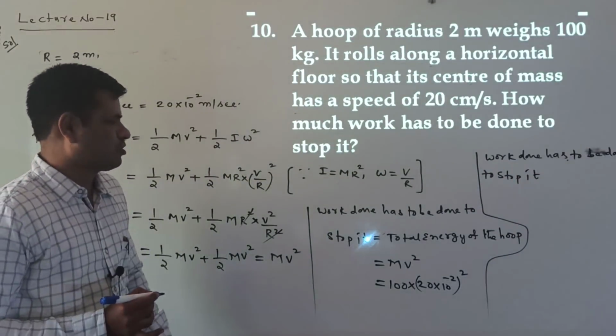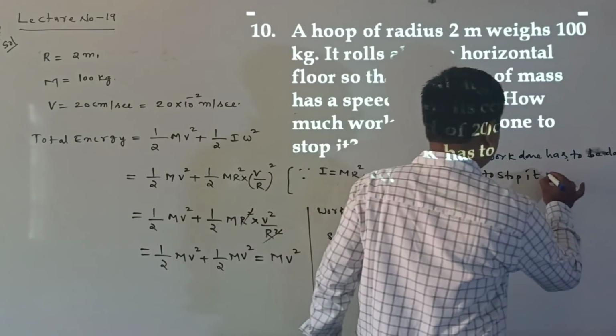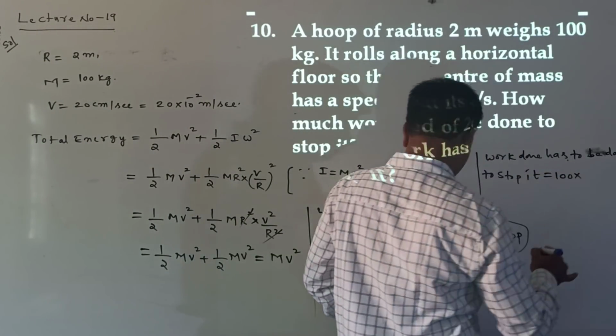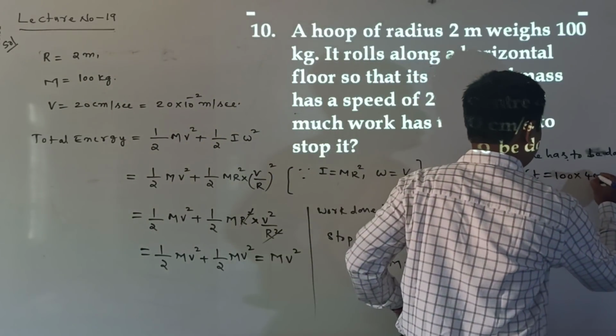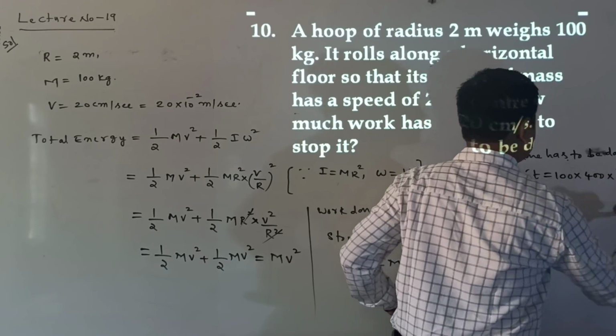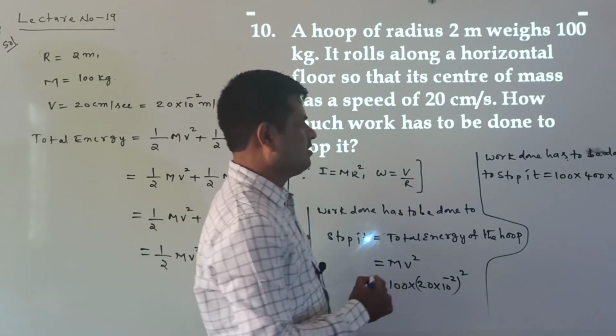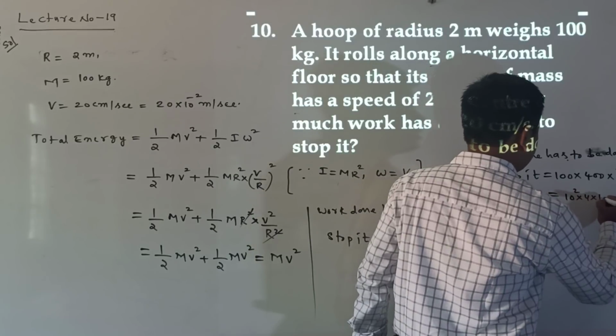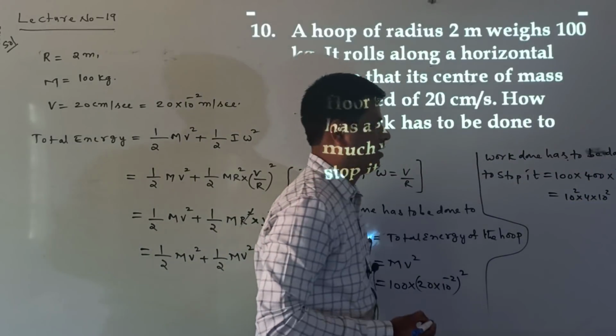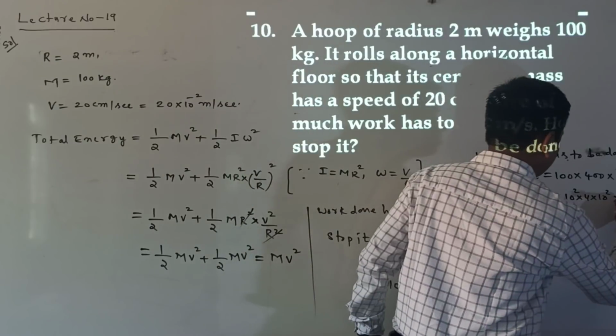I am writing 100 into 20 square. 20 square is equal to 400 into 10 power of minus 4. This can be written as 10 square into 4 into 10 square, which is 400 into 10 power of minus 4.